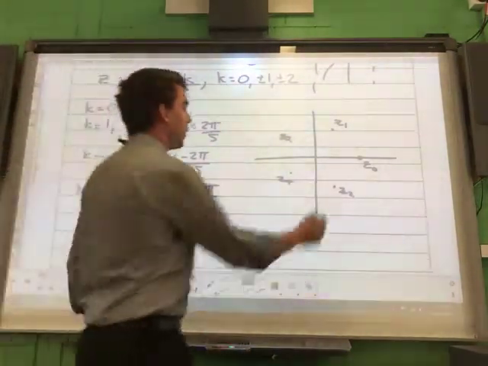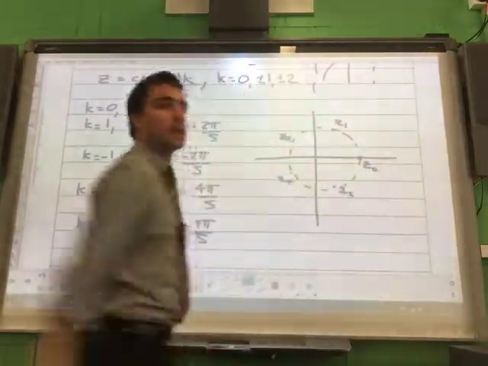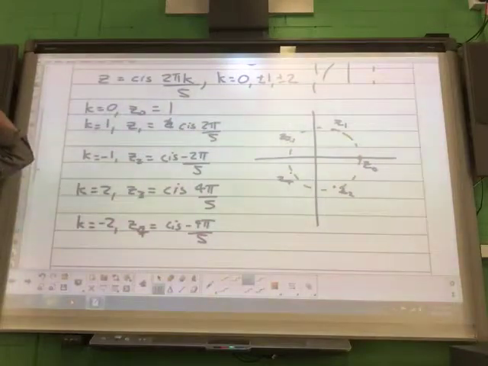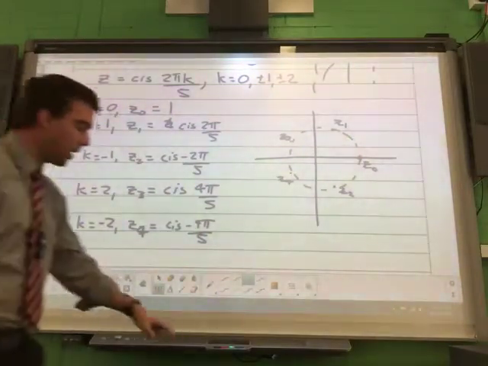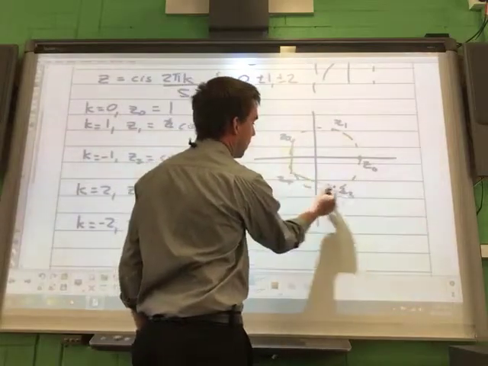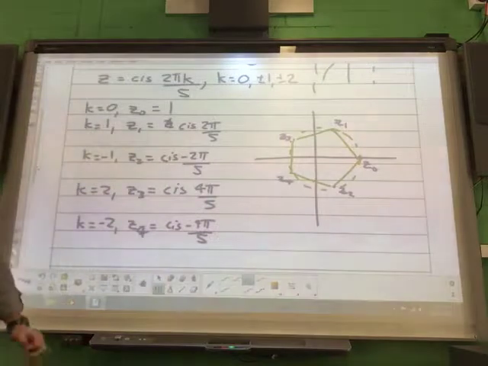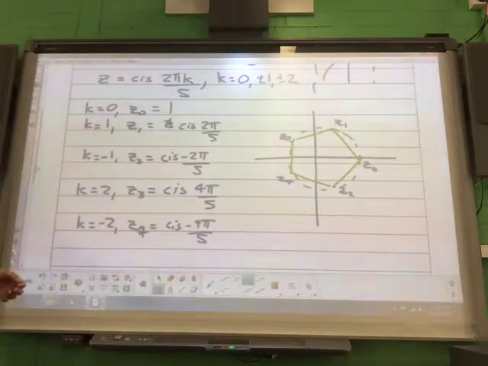So if I were to draw the circle that it forms, the 5 roots lie on a circle, and I can join the roots and it becomes our regular polygon. Of course, a pentagon has 5 sides.